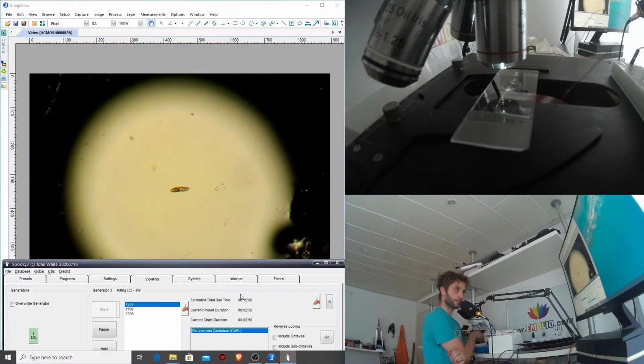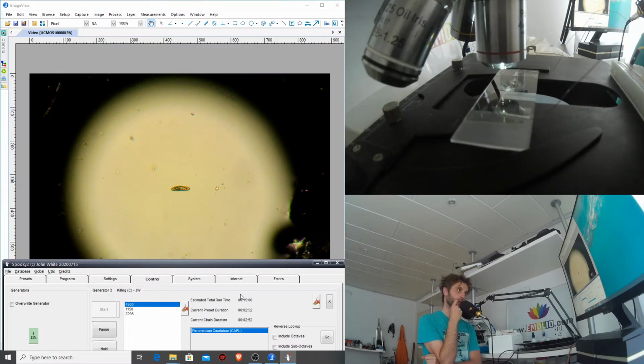Alright, it stopped moving. That doesn't mean that it's dead, because that happened last time too. It stopped moving, but later it moved again.